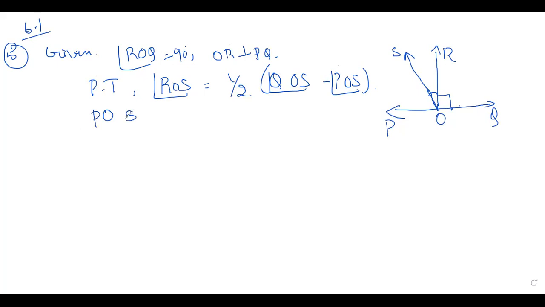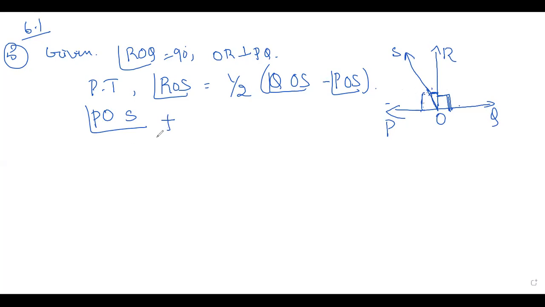Right, POS plus, see, angle ROQ is 90. So the sum of the remaining two angles will be 90 degrees, right? If this is 90 degrees, then adding these two angles you should get 90. Because for a straight angle the total should be 180 degrees. One angle out of the 3 angles is 90, so for the total to be 180, the sum of these two angles should be 90.